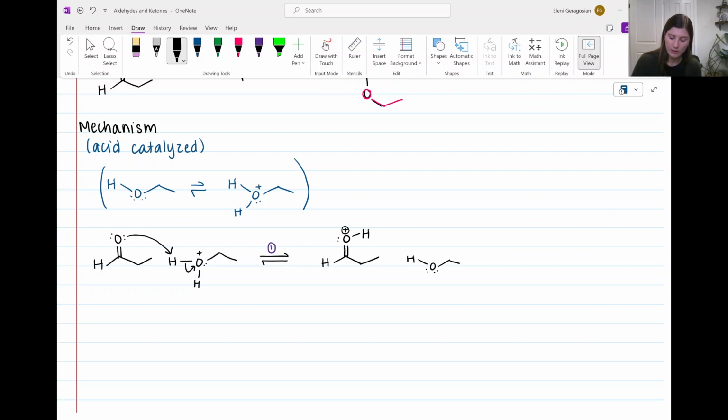Neutral alcohol creates a bond to the carbonyl carbon, and electrons in the pi bond will be owned by oxygen. This is our step 2, that nucleophilic addition. So just to add names, step 1, protonation of the carbonyl oxygen. Step 2, nucleophilic addition.